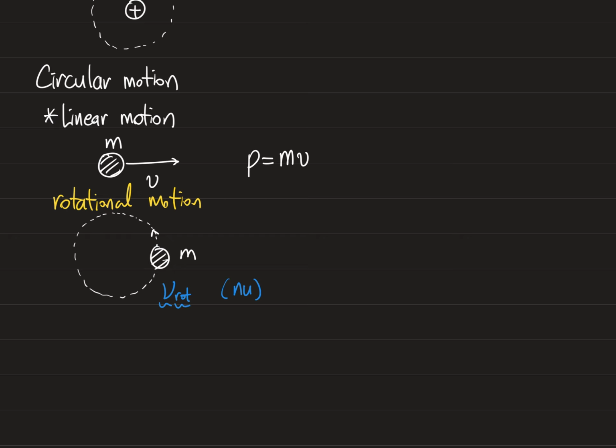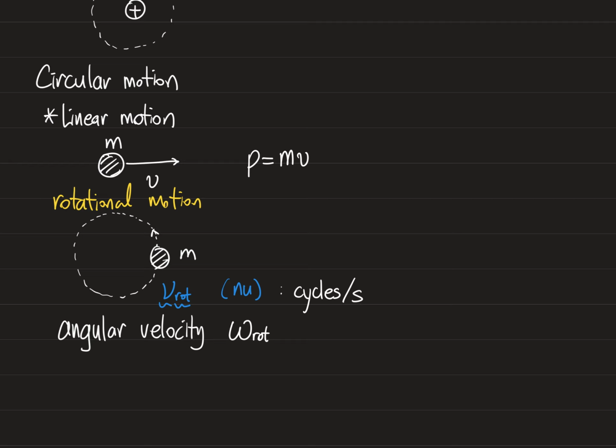So, how many circles does the object make in a second? So the unit is cycles per second. From this, we can define the angular velocity, which is omega rot.